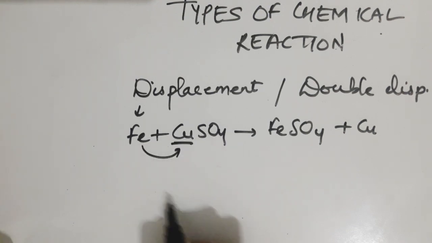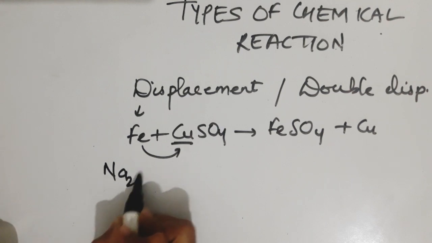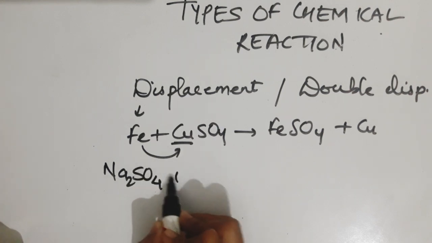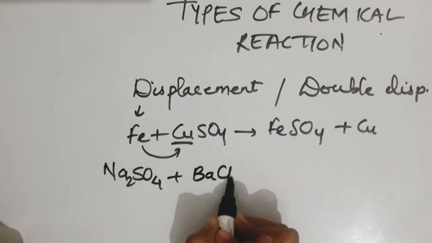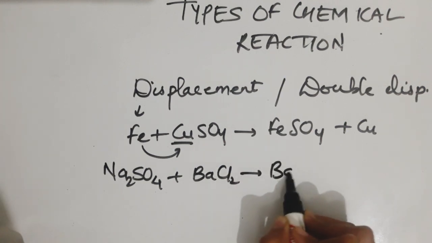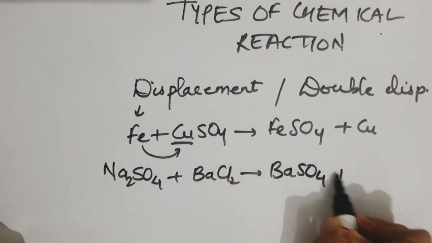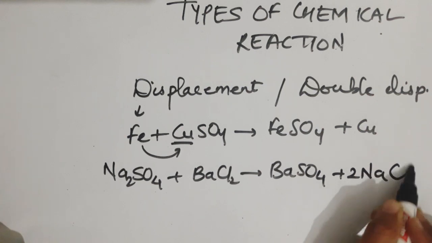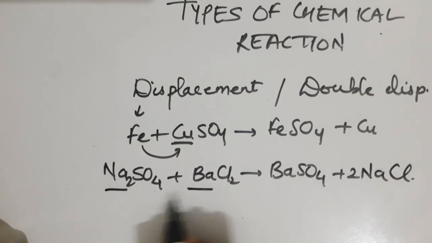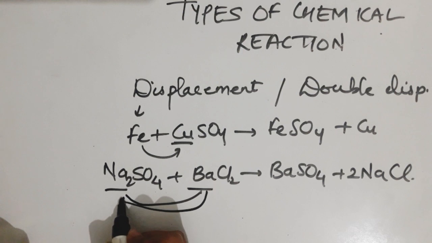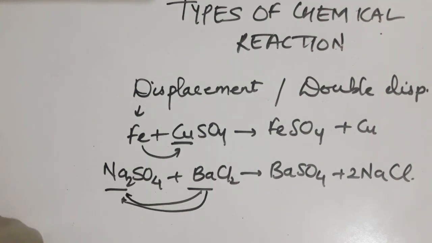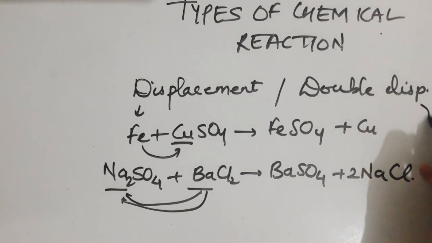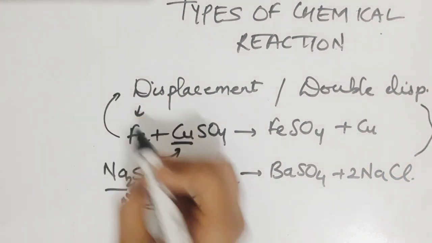Now in the second kind of reaction, you have Na2SO4. This reacts with barium chloride to give BaSO4 plus 2 NaCl. So again these are two metals and they are interchanged, or you can say they are displaced from their constituent anions to form two new compounds. So this is an example of double displacement, and the earlier one is the example of displacement reaction.